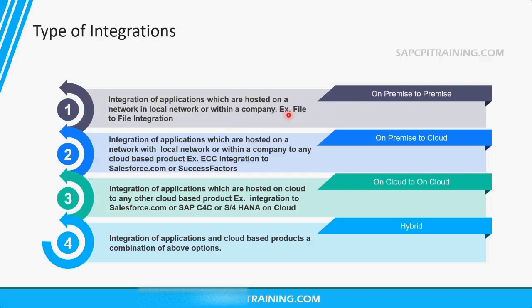So that is called on-premise to on-premise integration. If few folks are from PIPO background, so file to file kind of scenario, or file to JDBC kind of scenarios, or even to some extent previous cases IDOC to file when the ECC used to be on premise only. So if you are having bulk of your scenarios falling in this category, then PIPO is the option that you can go for.